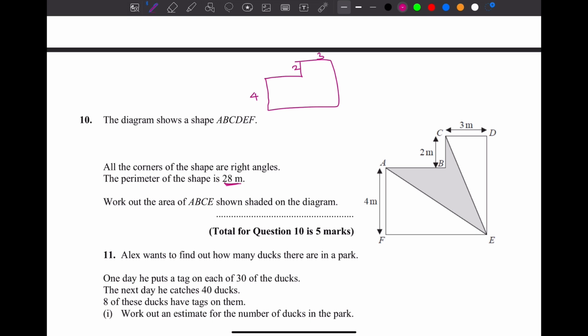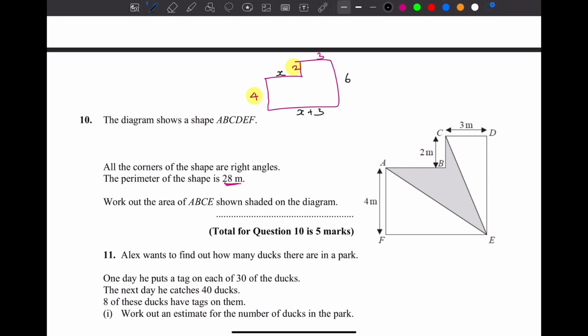So the whole perimeter of this full shape is 28. What we could do, remember, this is 4 here, 4 and 2, that makes it 6, so this should also be 6. If I call this length x, that's x and that's 3, so this would also be x at 3 more or less.